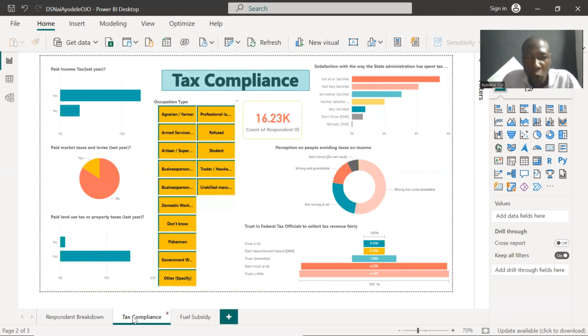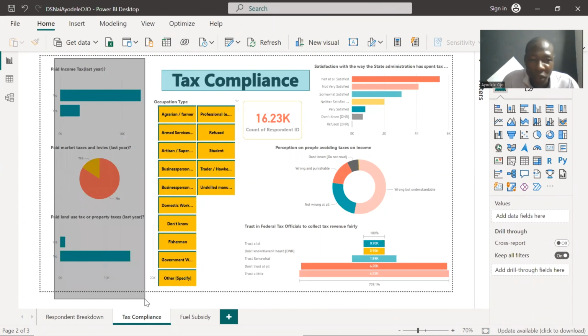So the tax compliance. We can see that from what we are having, majority don't actually pay their tax. Observe the response to this. Majority are in the no, so they don't pay their tax.